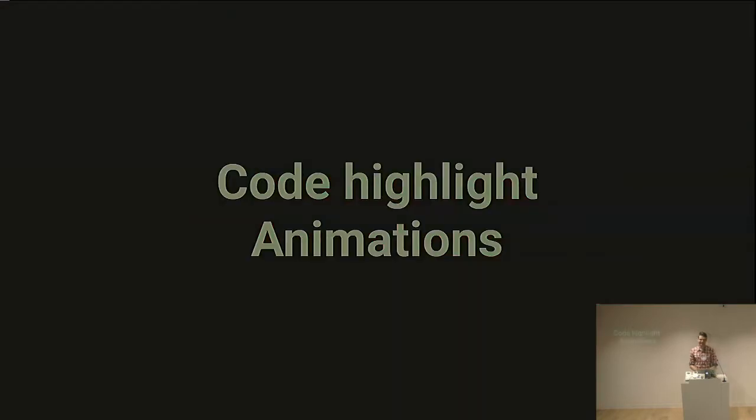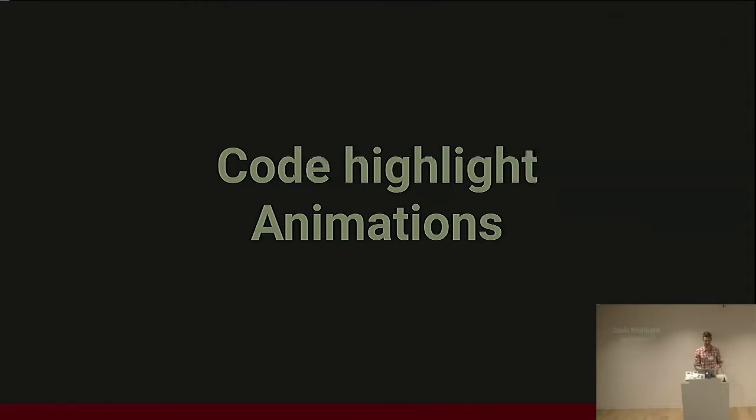I want to talk about 2 things. This is actually meant to be a lightning talk, so yeah, quick, all right? So I want to talk about 2 things: code highlighting and animations in your presentations, and specifically Keynote. So let's start with code highlighting in your presentation.